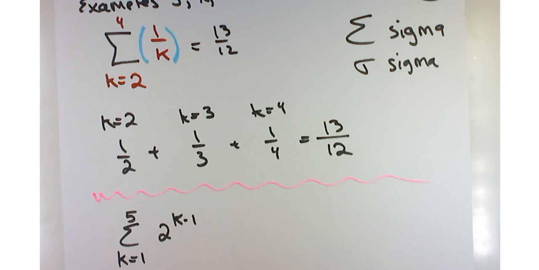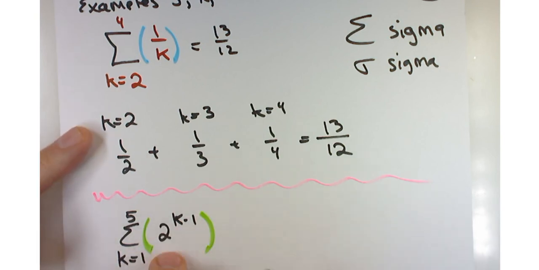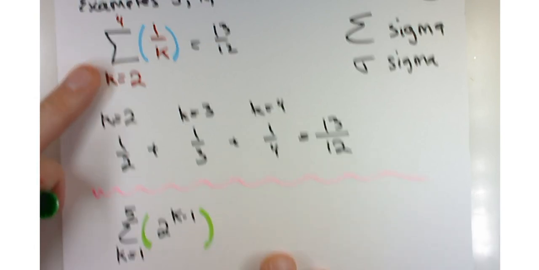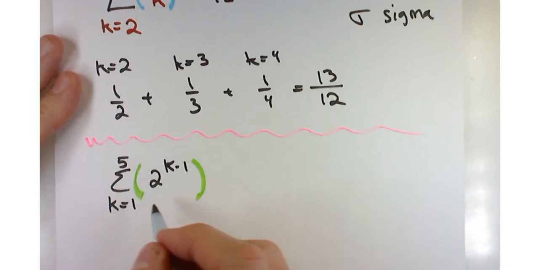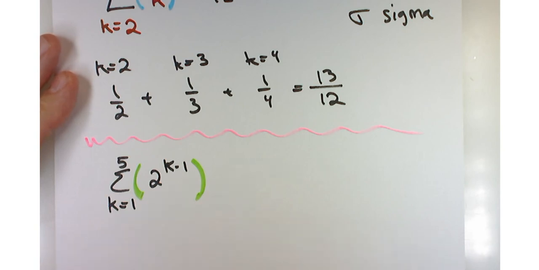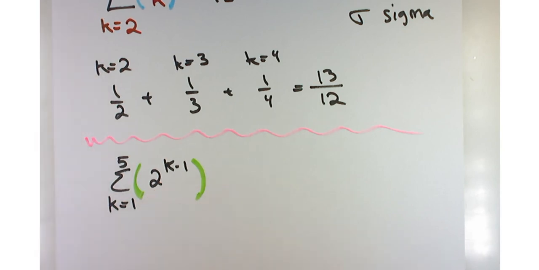So this is what you're going to plug into. That's your summand. It's not a term that you need to know. But one at a time, you're gonna plug in different values for k.